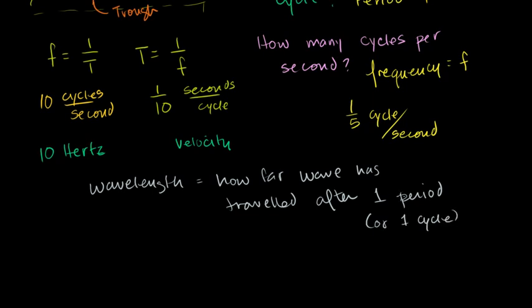Because remember, a period is how long it takes to complete one cycle, one complete up, down, and back again motion. So if we know how far we've traveled, and we know how long it took us, one period, how can we figure out the velocity?